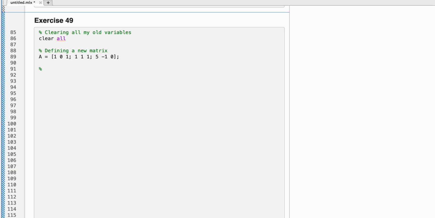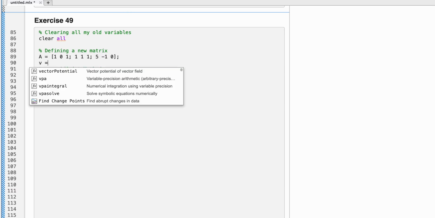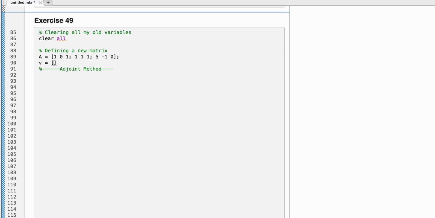And the first method that I'm going to use is the adjoint method. And the right-hand side was vector v. I'm going to define vector v as well, which was negative 4, 0, and 6. All single entry rows.